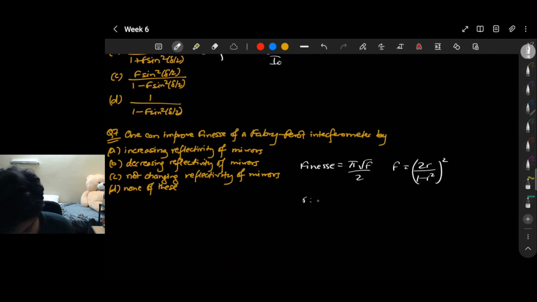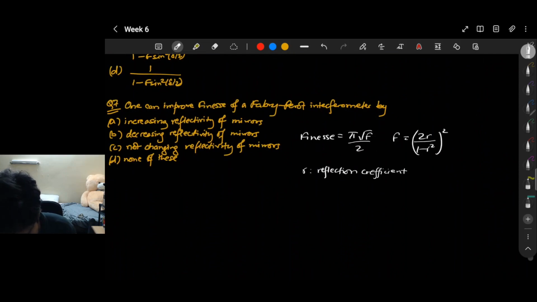And r is nothing but the reflectivity of mirrors, the reflection coefficient. So in order to increase my finesse, I need to increase my coefficient of finesse.